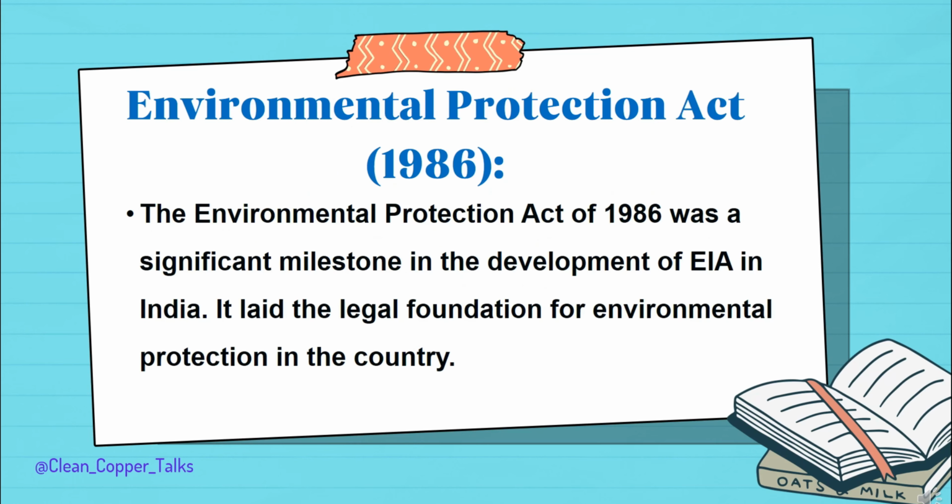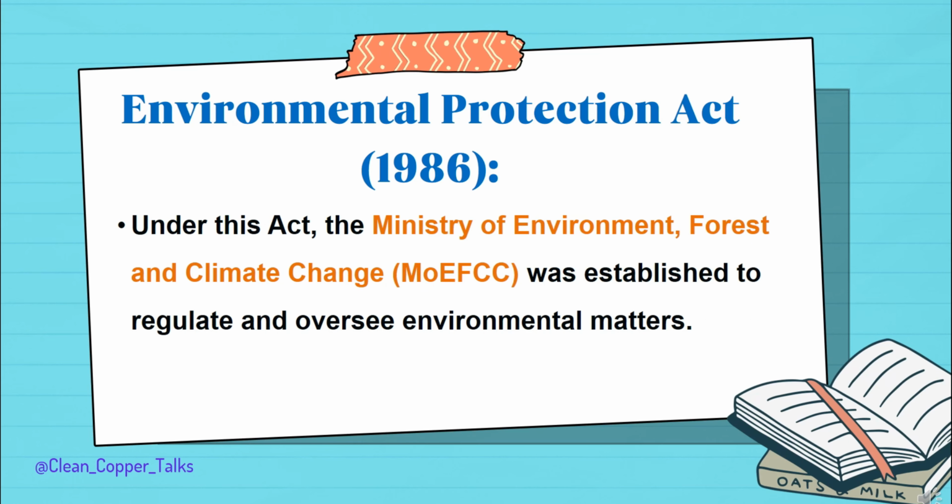So then came the Environmental Protection Act of 1986, which is also called the Umbrella Act, which was a significant milestone in the development of EIA in India. It laid the foundation for environmental protection in the country. The EPA 1986 introduced the Ministry of Environment, Forest and Climate Change, which was to regulate and oversee environmental matters.